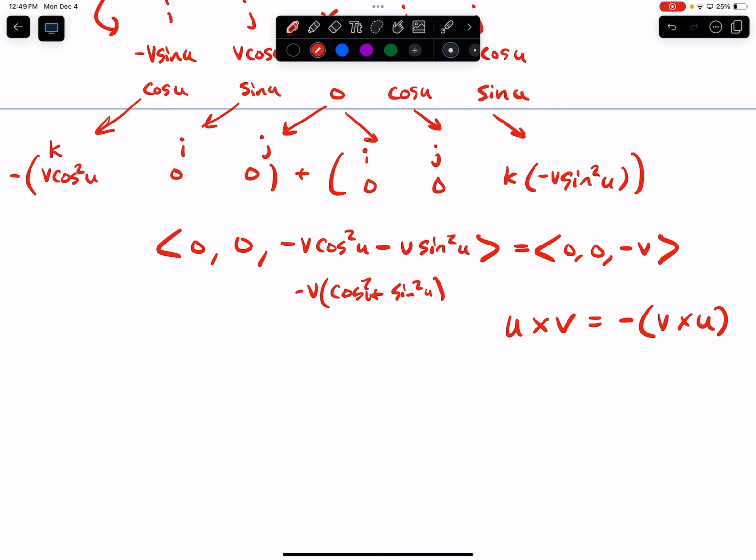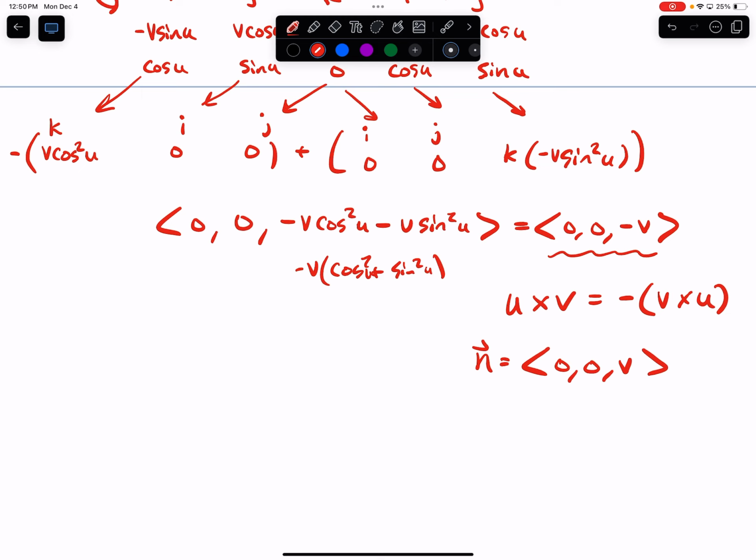You just switch the u and the v positions. So all we've got to do is take the negative of this thing here. So this is 0, 0, positive v. That's my normal vector that I want, because the problem specifically says they want it to point in the upward direction. If they didn't say that, then you just point outward, all right?